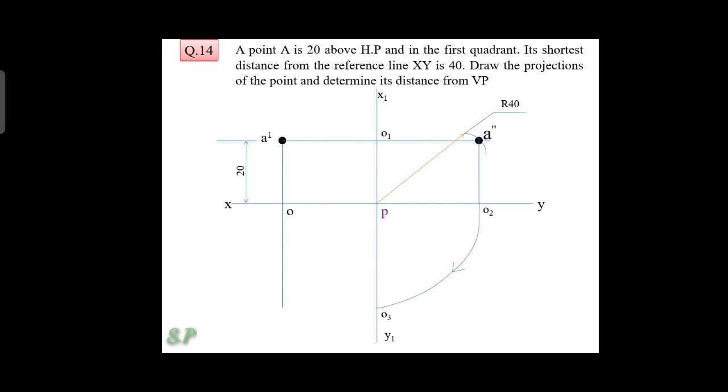And then from O3, you draw a horizontal line in the left side direction, intersecting the extension line, and you get the top view point A. Then finally, you determine the distance from VP, so the reference line to the top view point distance you measure. So that is our final answer.